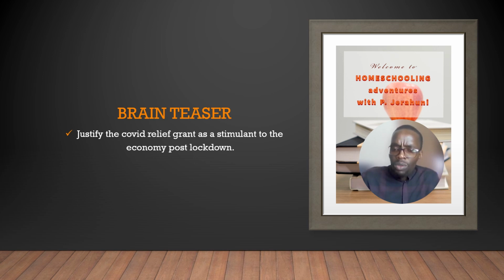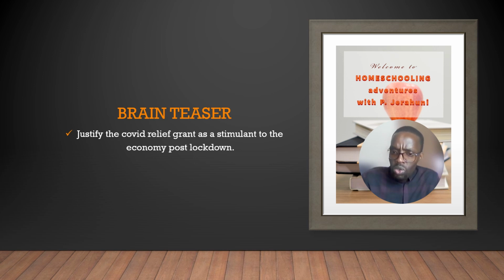So if you spoke about something along those lines, where it increased aggregate demand by households, resulting in businesses having to increase their level of production to match that increase in aggregate demand, then it was going to be accepted as correct.